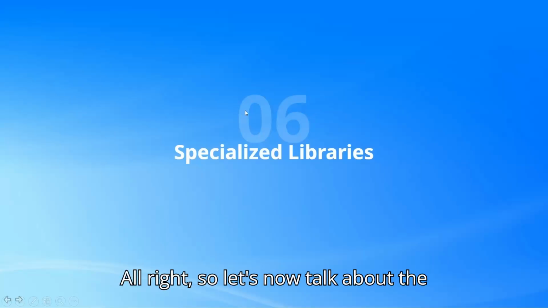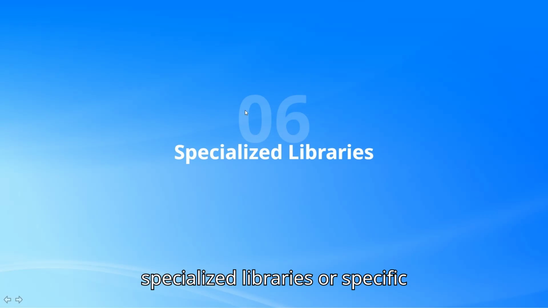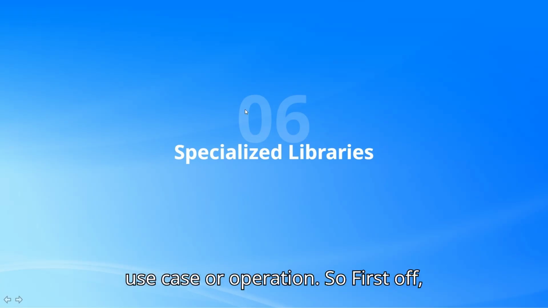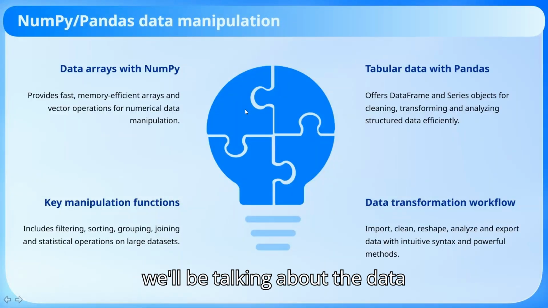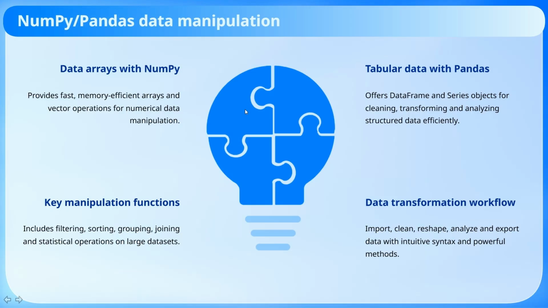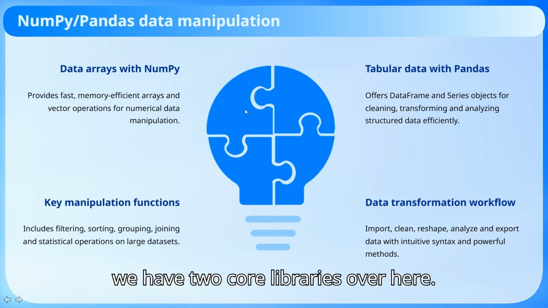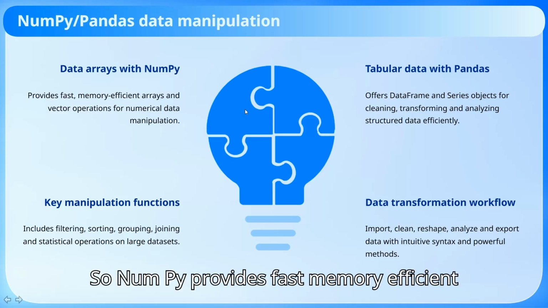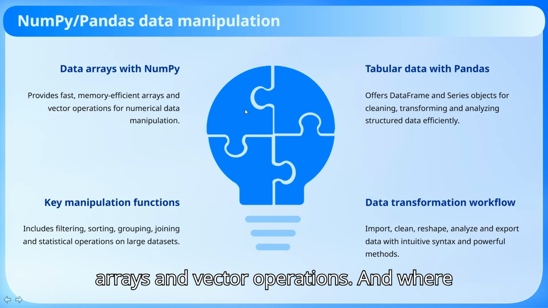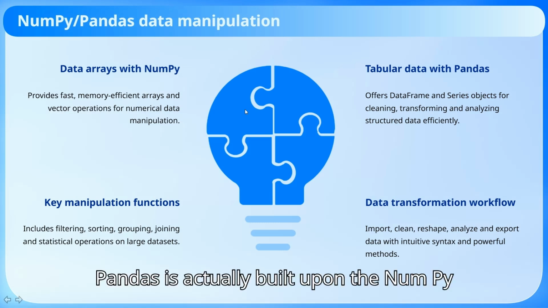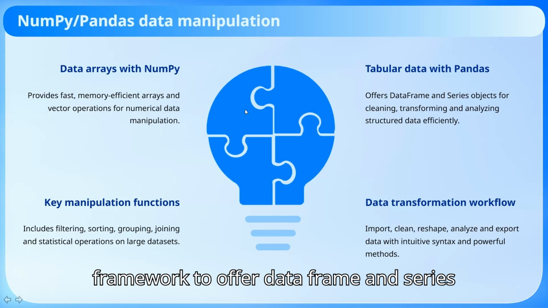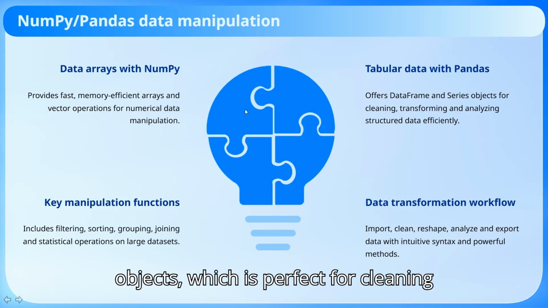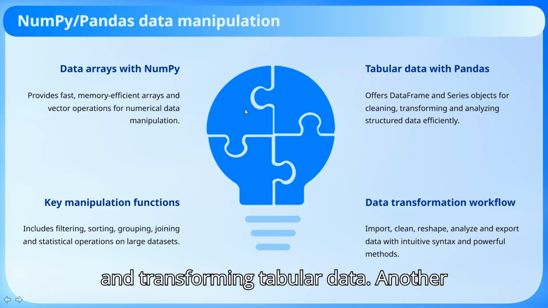All right, now let's talk about specialized libraries in the Python ecosystem for a particular use case or operation. First off, data manipulation. We have two core libraries here. First is NumPy, and then there is Pandas. NumPy provides fast, memory-efficient arrays and vector operations, whereas Pandas is built upon NumPy to offer DataFrame and Series objects, which is perfect for cleaning and transforming tabular data.